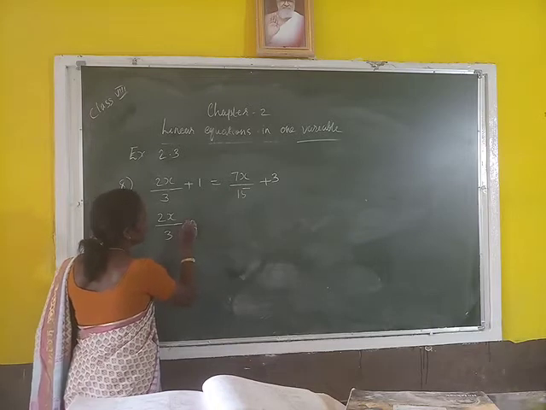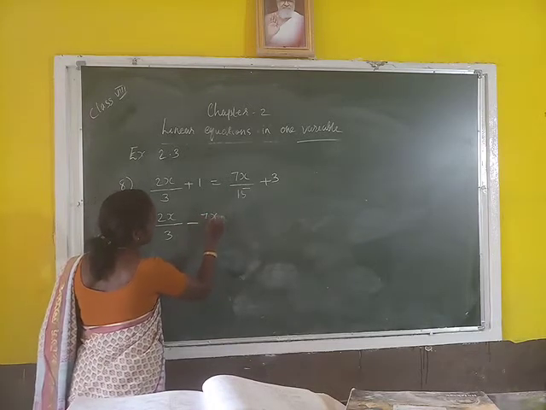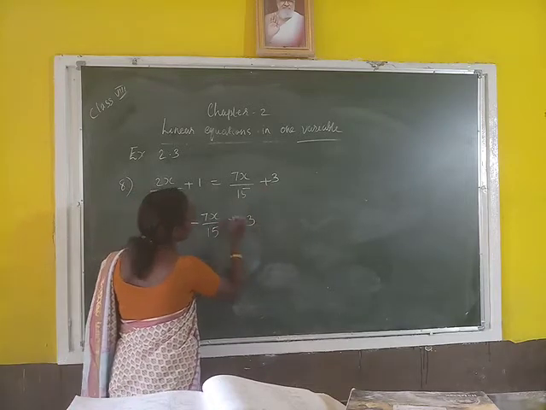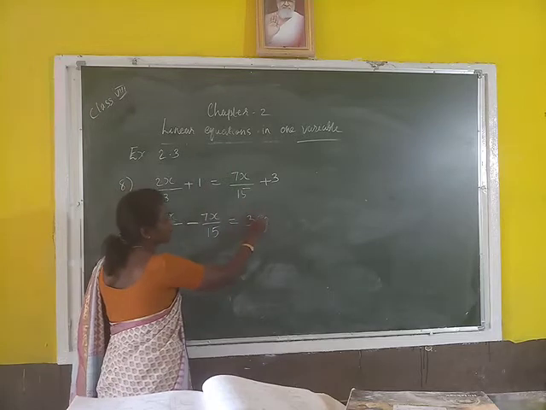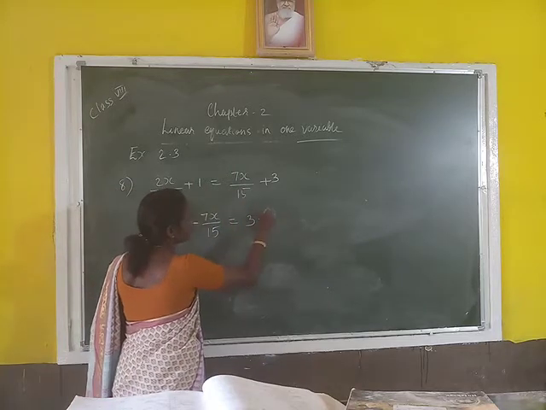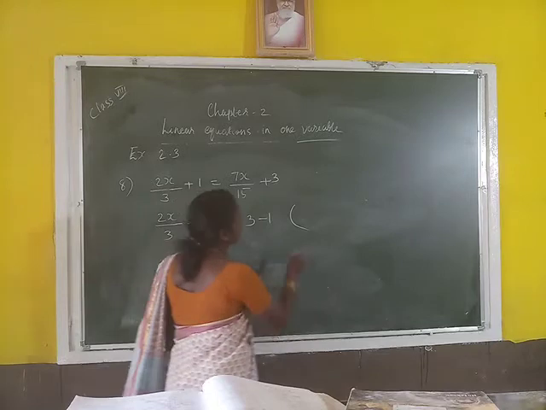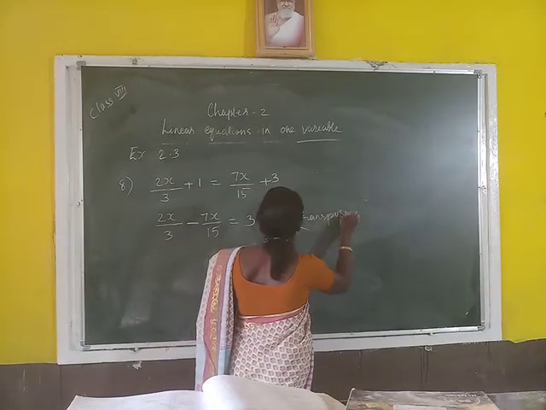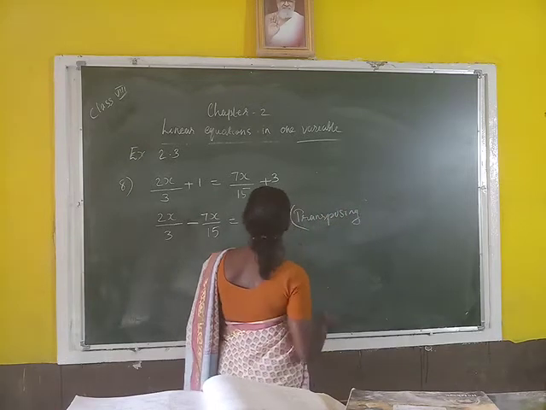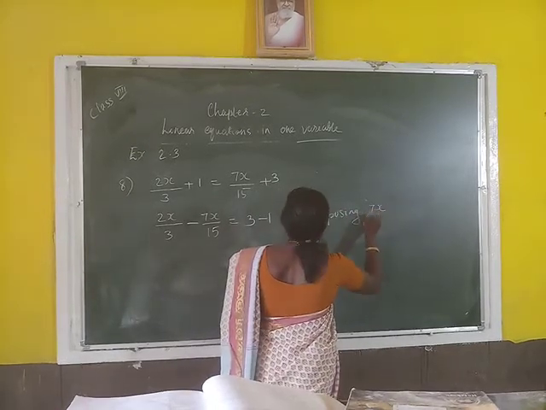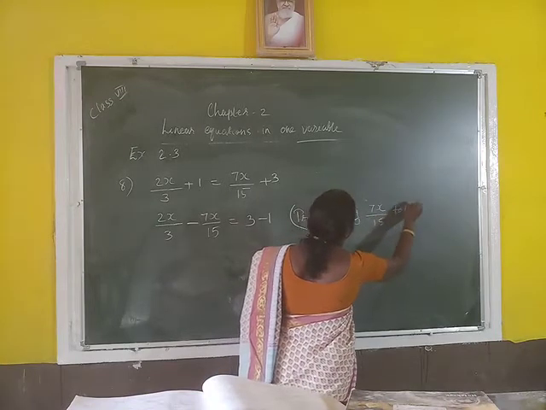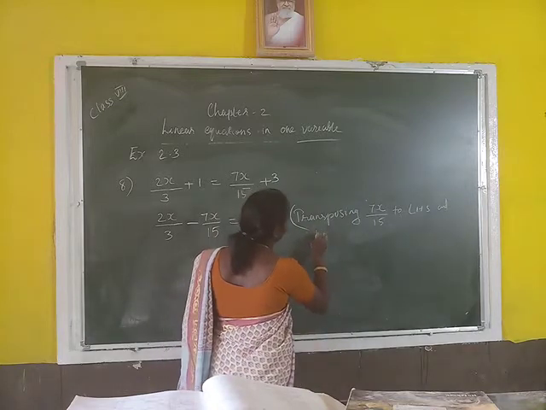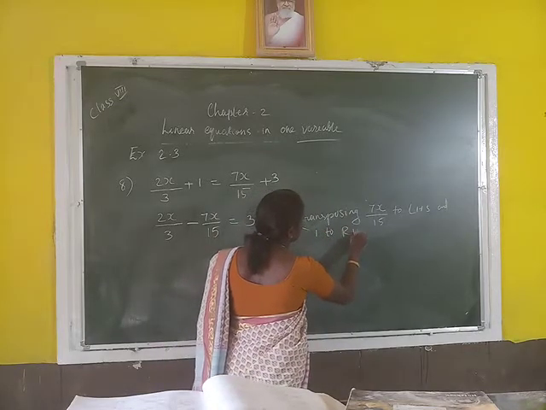Positive changes into negative, 7x by 50, is equal to 3, and this 1 goes to which side? Right side. So positive changes into negative. Then transposing 7x by 50 to LHS and 1 to RHS.